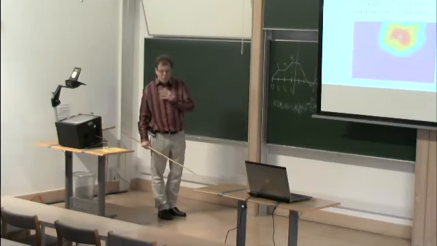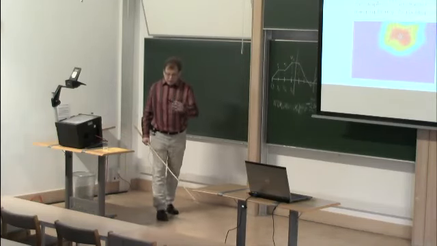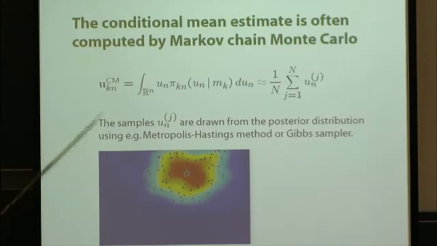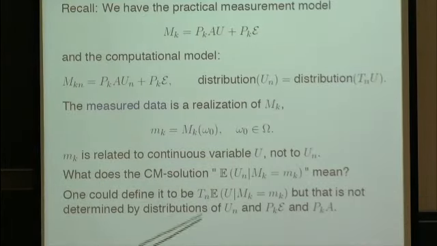We do all model computations in this fully discretized model. For instance, usually we use Markov chain Monte Carlo reconstructions. We take the computational model and take samples from it with different methods, compute the average, and this is our reconstruction. But because everything is determined by our computational model, it cannot be this.